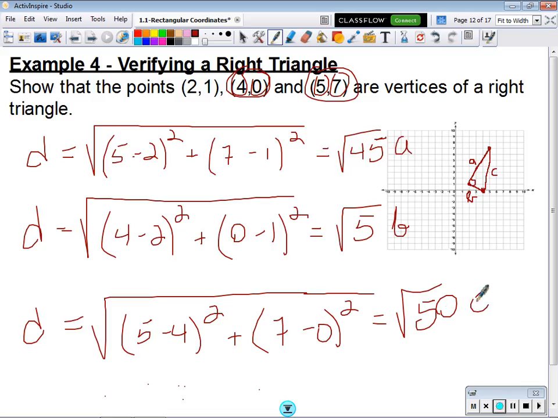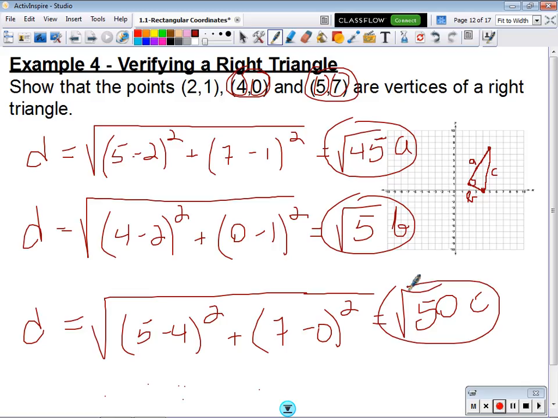So in terms of proving whether this is a right triangle or not, if in fact this is a right triangle, a squared plus b squared should equal c squared. So I'm going to sneak this in on the bottom here: the square root of 45 squared plus the square root of 5 squared equals the square root of 50 squared.